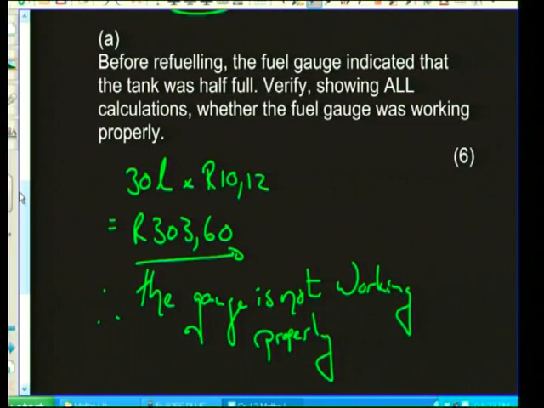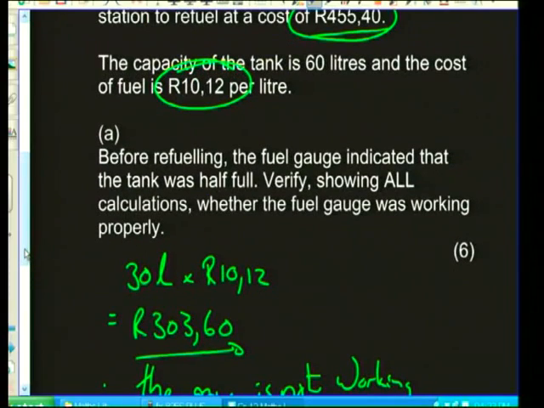And we're asking, when we put in petrol, how far were we from Joburg? In other words, how many litres had we used at that stage? This is a real tough question, it's wonderful stuff. If I look at it, you know what, we used 455 Rand 40 worth of petrol. And each litre cost me 10,12. So I can now work out how many litres I've used up to that stage.